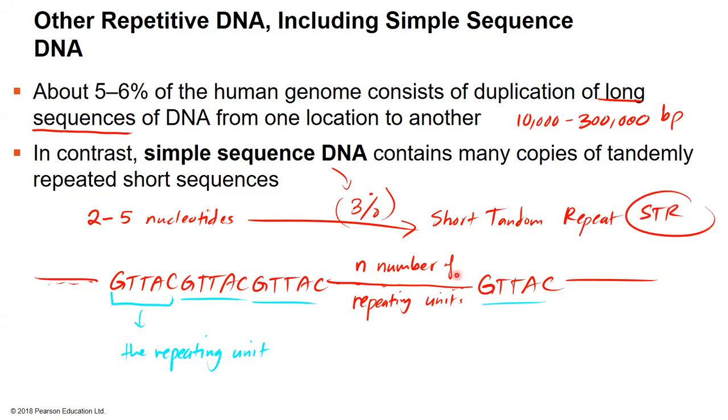So short tandem repeats consist of simple sequences consisting of 2 to 5 nucleotides, repeated hundreds or thousands of times within the same location, and these repeats are found scattered throughout the genome.